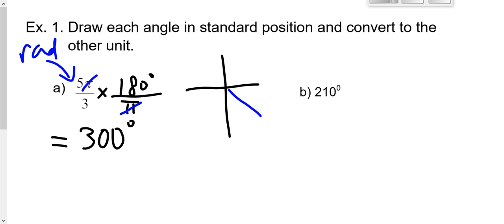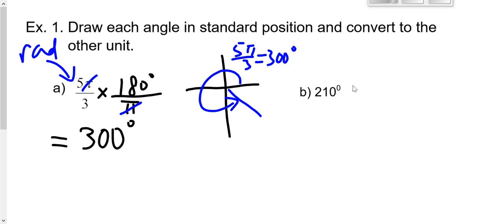All right, and hope you still remember the standard position from Math 20-1, starting here, 0 degrees, go counterclockwise, increasing, increasing, increasing. So that means that this is 5 pi over 3, or you can say this is 300 degrees.